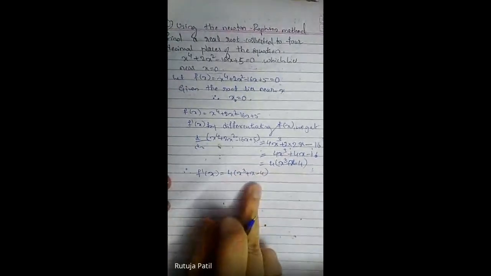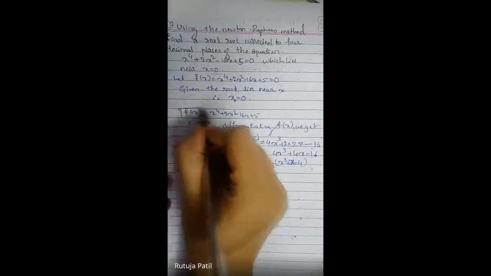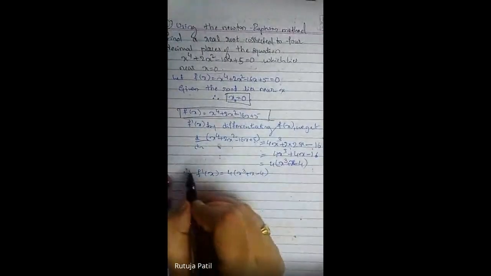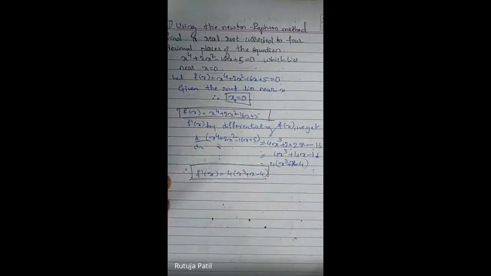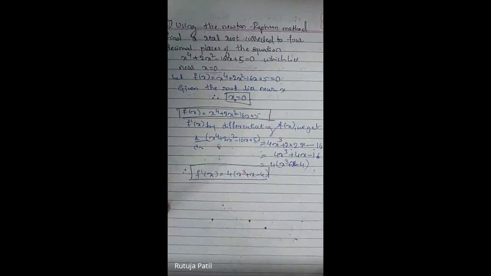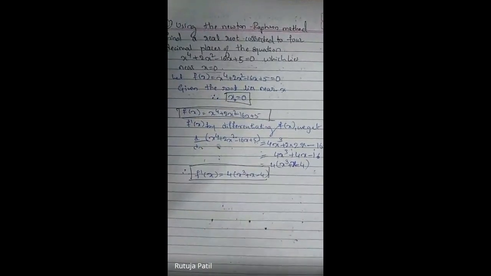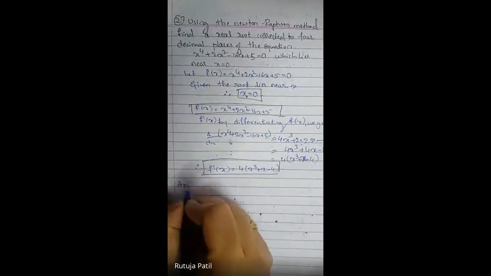Now we have f of x, the x naught initial approximation, and f dash of x with us. Next, what we need to do is apply the Newton-Raphson method.